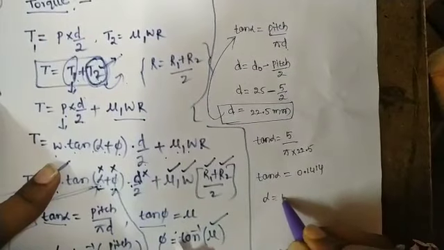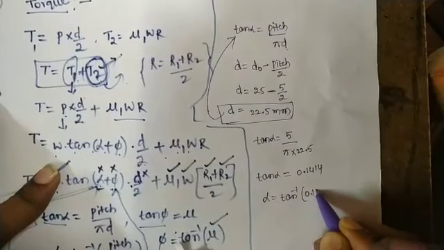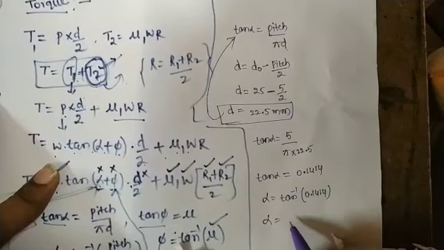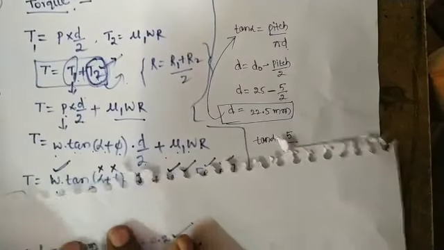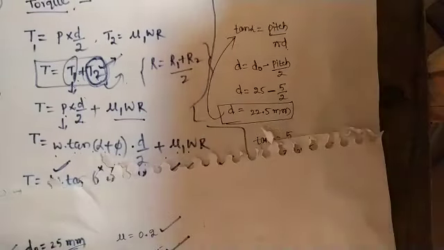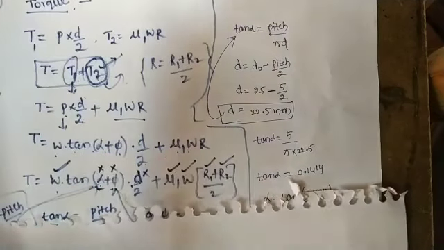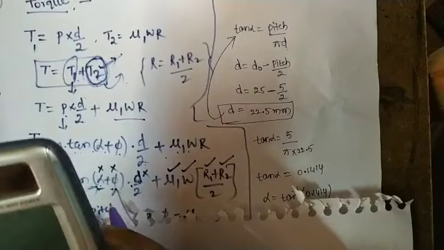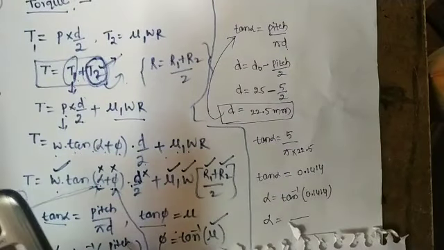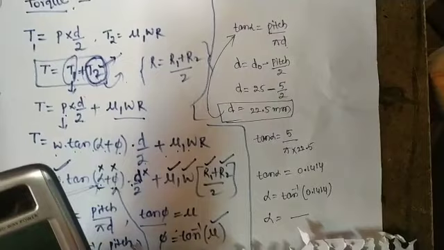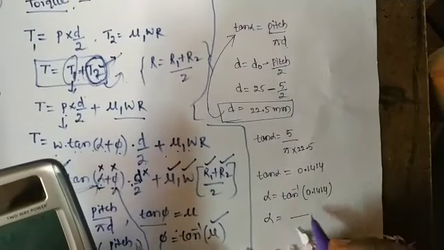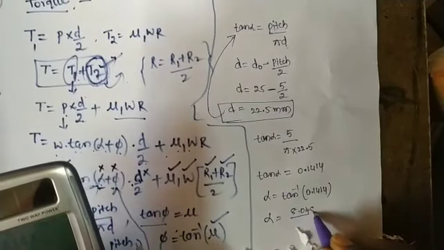Then alpha equal to tan inverse of 0.1414, which is 8.048 degrees.